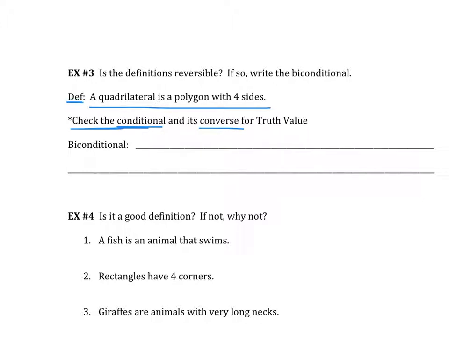So the biconditional would say a polygon is a quadrilateral. What comes next in a biconditional? If and only if, IFF, if and only if, it has 4 sides.